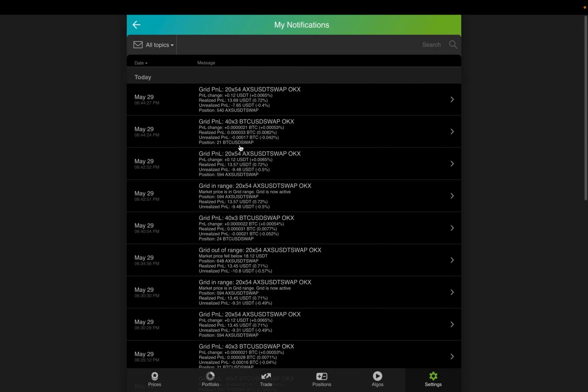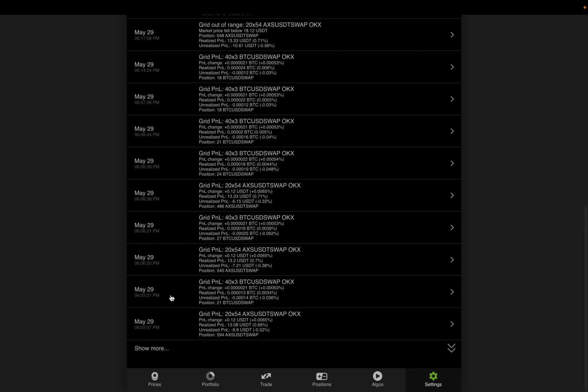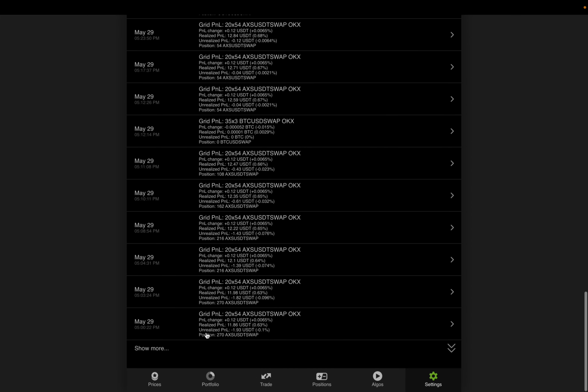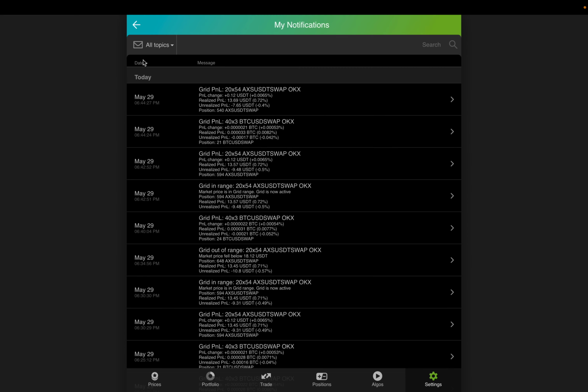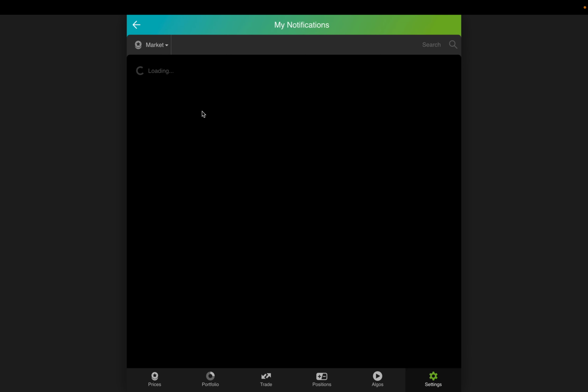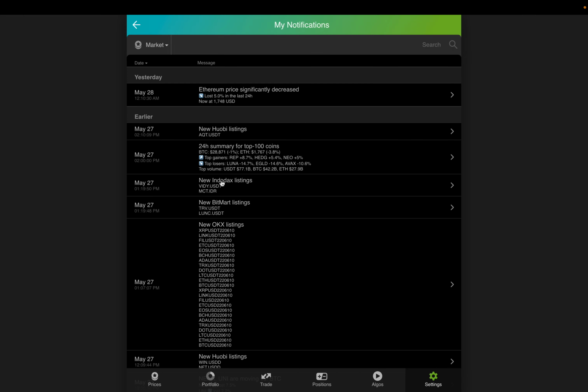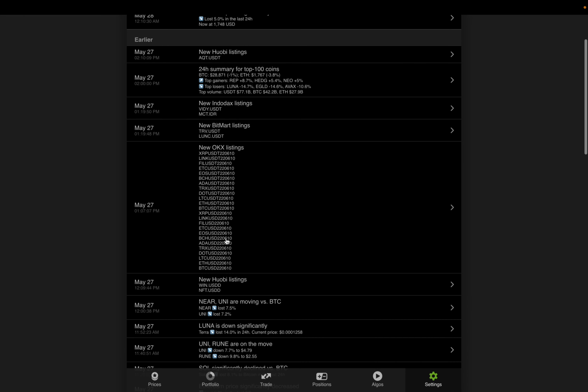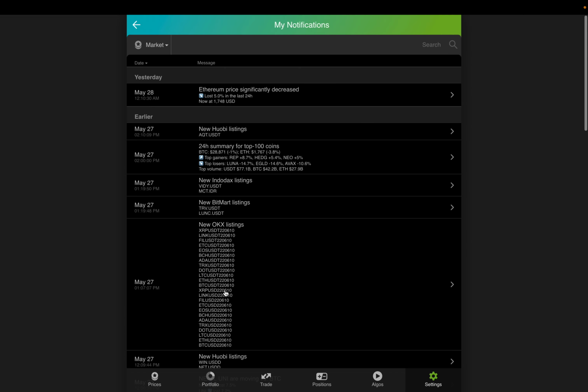As you see, I mostly get my grid notifications, right? I can show more and look for them, but I can also actually select the topics that I want. So, for example, I want just the market alerts, which have to do with the market, right? So all the automatic pricing movements and your exchange listings and what have you.